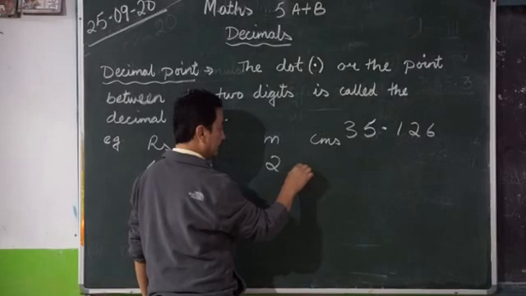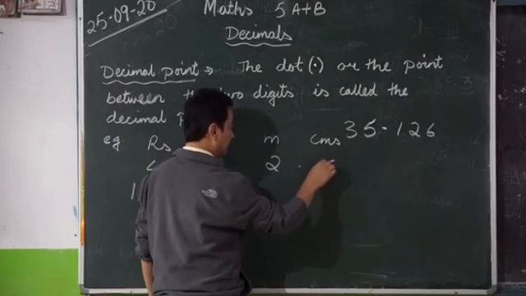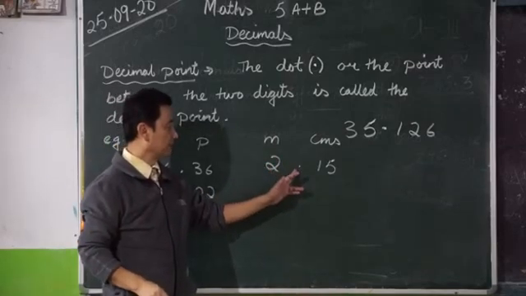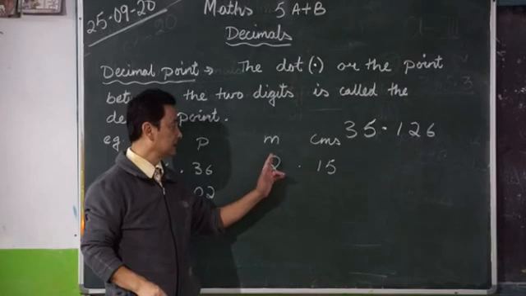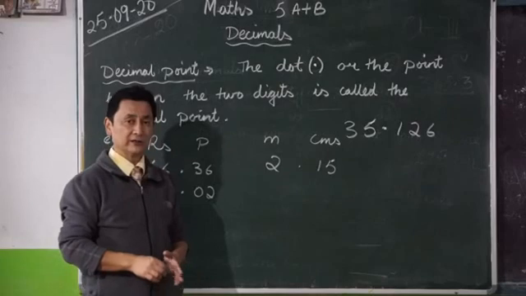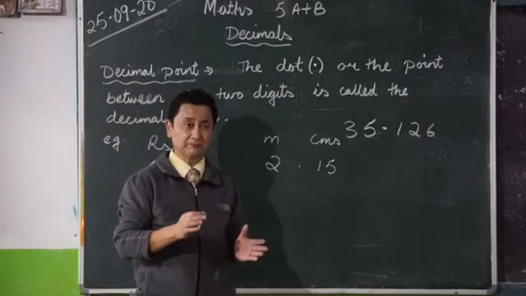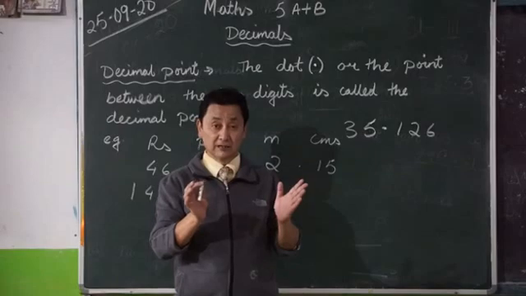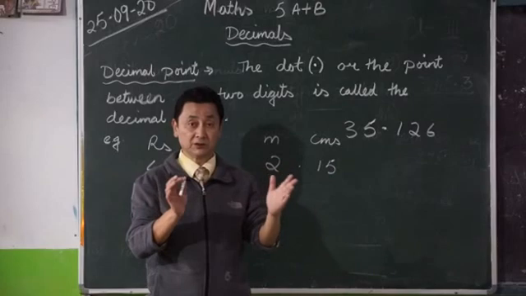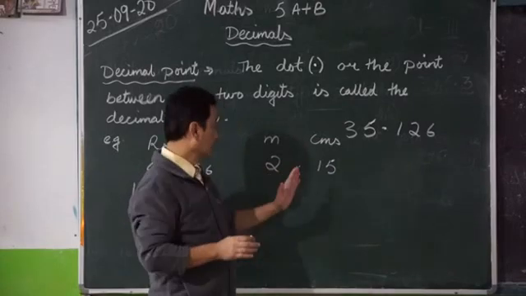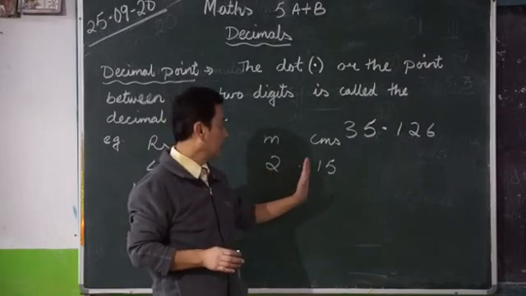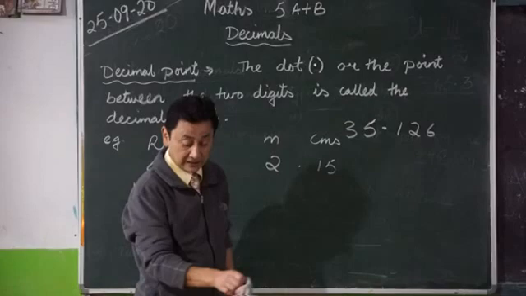We don't have to write point, but when you see the point, it means it is 2 meters and 15 centimeters. So this decimal point is important because it separates the two digits, telling us that the numbers that come before the decimal point are the whole numbers, and after it are the fractions.